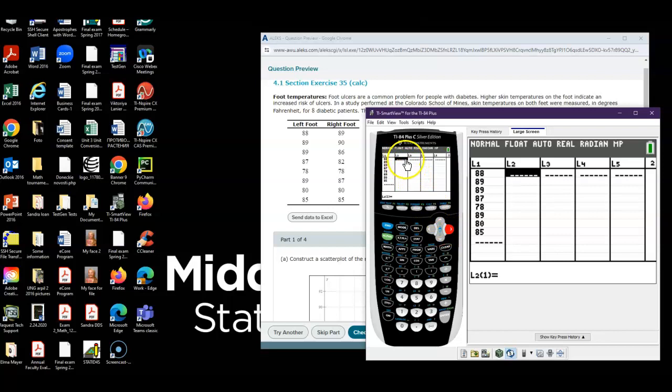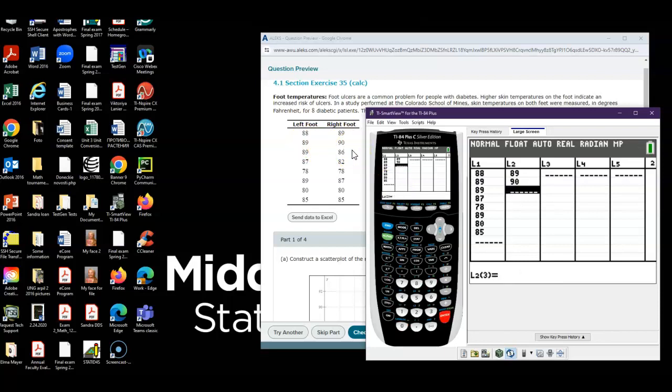Make sure when you enter that you start from the beginning and you have correspondence. So the left foot has temperature 88, the first point, the right will be 89, and you enter it into L2. Now we're at this row, and so on.